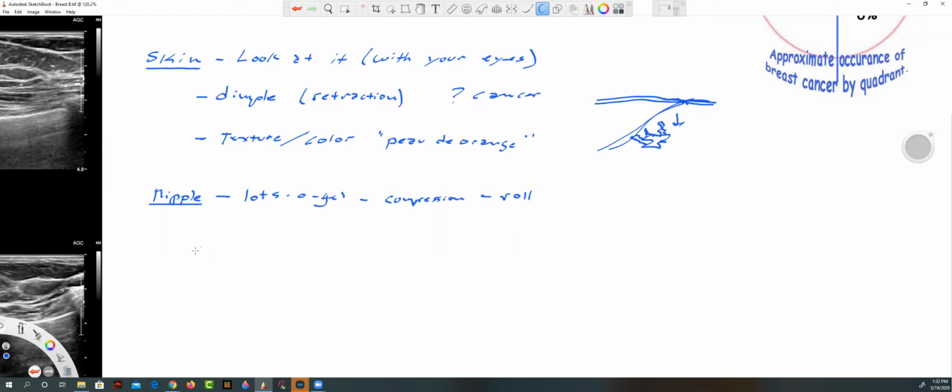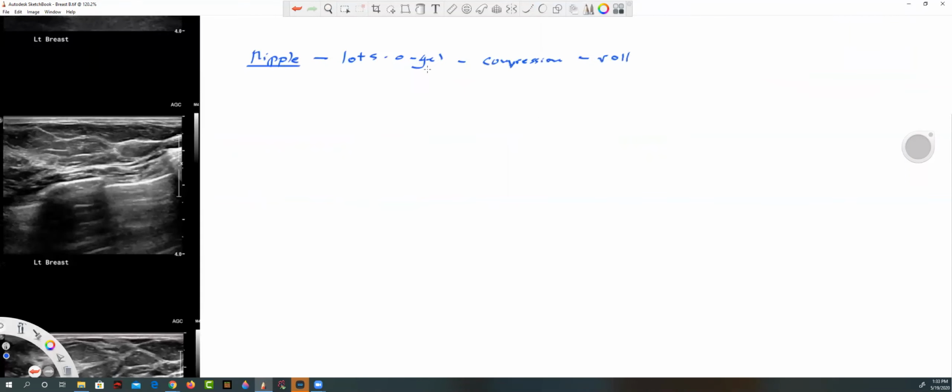Okay, so, skin, nipple. All right, so okay, well, I have some other notes. They really kind of go with the images, but let me just quickly write them down anyway. The pre-mammary, so the subcutaneous fat.